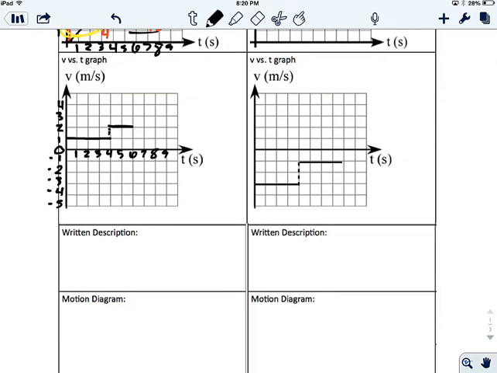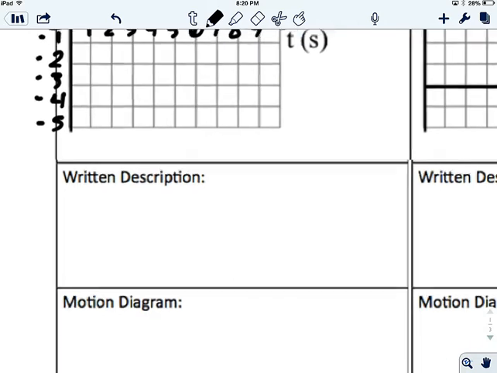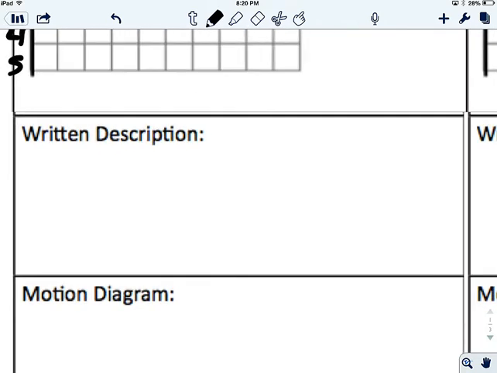Okay, let's go ahead and do my written description. Now, for the written description, I just want to describe the motion of the object. There's a couple things I want in there. I want direction, I want speed, and if it's changing speed.